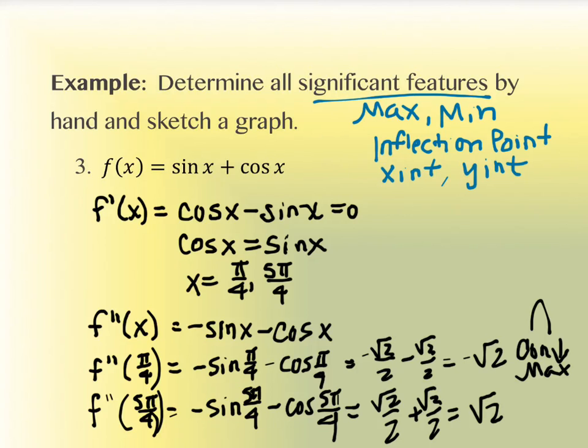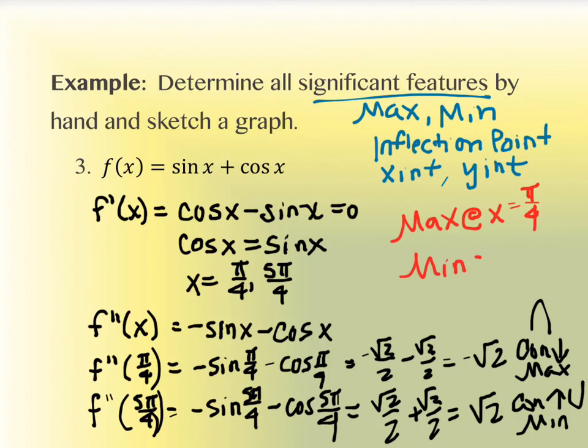So it is concave up. So it's a minimum. So we have a maximum. I'm going to write this down. We'll pick this up next time. We have a maximum at x equals pi fourths. And we have a minimum at x equals 5 pi over 4.